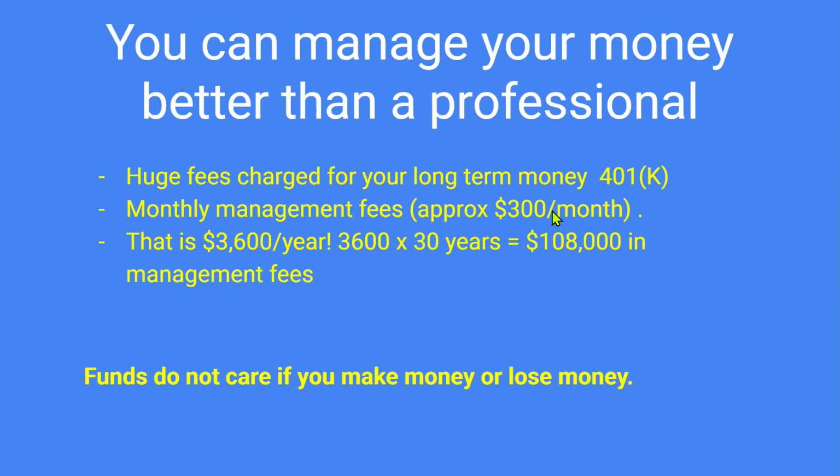Imagine if you put $300 and kept on compounding it in the market. Oh yeah, you would get here with a much better profit. Just use an investing calculator and compound this $300 a month for 30 years, and you will be surprised. Okay. All right. So funds do not care if you make money or lose money.